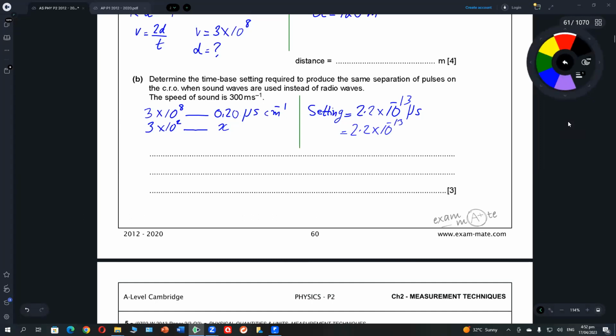If I remove the micro, something is going wrong, because then this is too small.